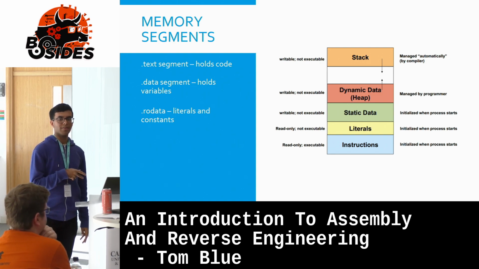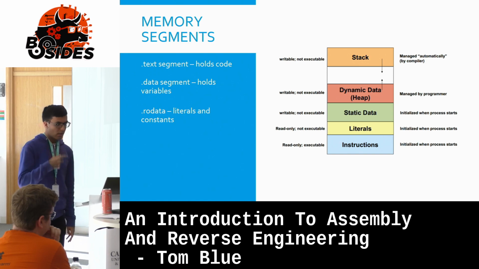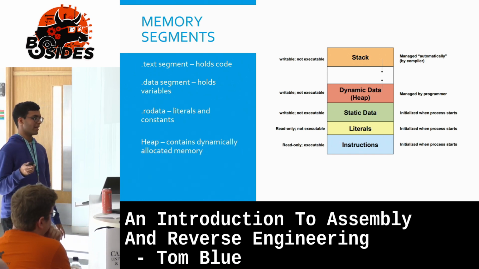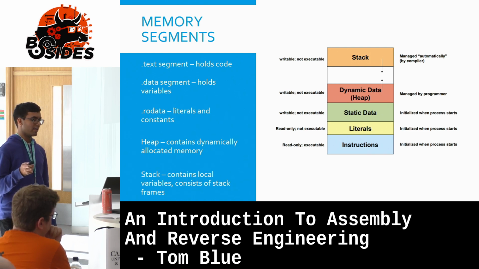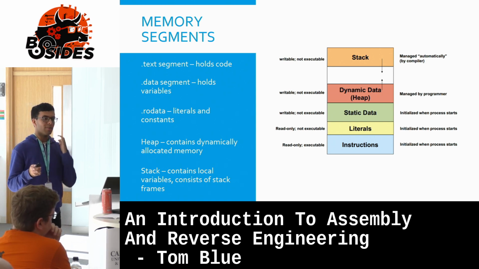The only exception is if a constant is defined but not given a value, in which case it's stored with the dynamic data. The heap just contains dynamically allocated memory, and the stack, which is fairly important for this talk, contains local variables, and it consists of these things called stack frames, which will be explained later on.